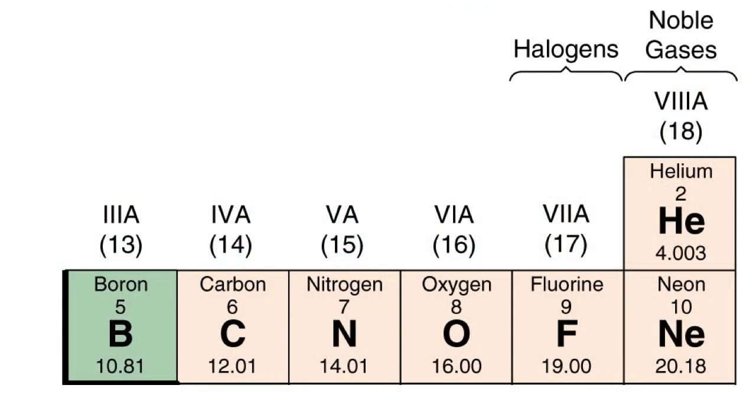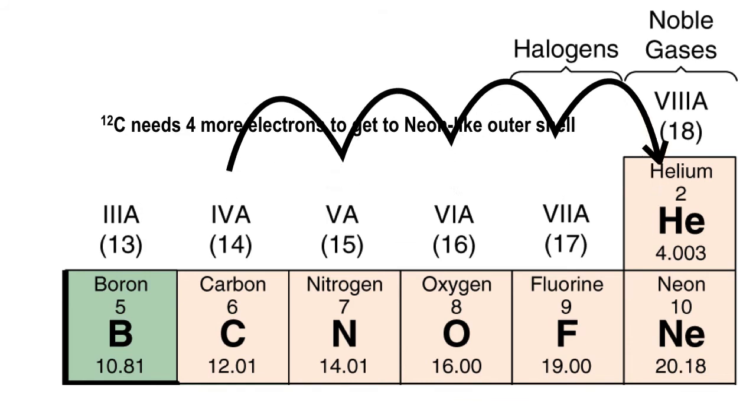Carbon, here's a close-up. All right, go ahead and make a sketch of this slice of the periodic table. It's the important one for us. Okay, carbon, it's 4 slots over from neon, and so it's got 4 valence electrons. If it can steal another 4 or share another 4, then its outer energy level will look like neon.